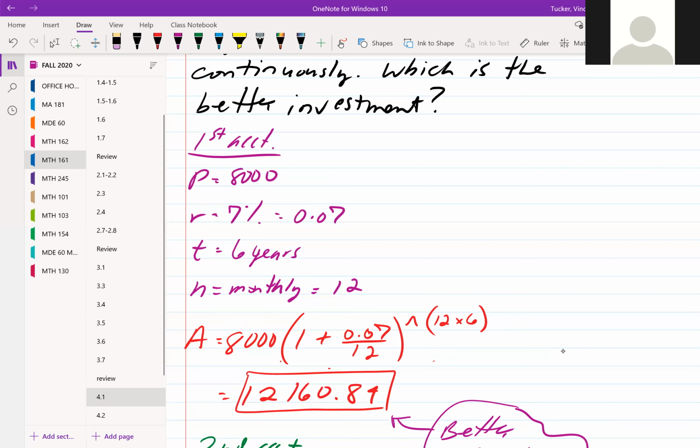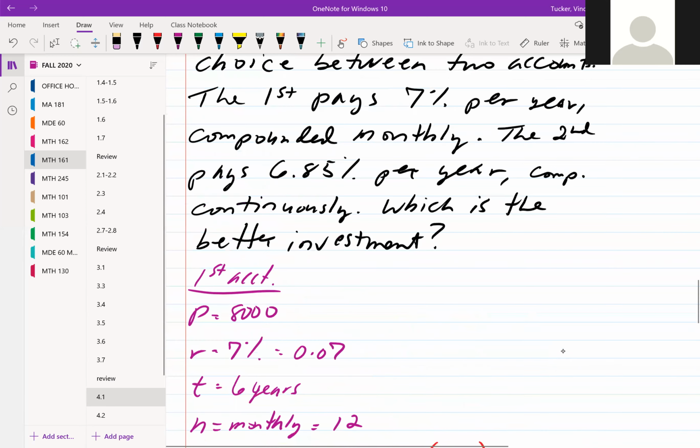I was not able to write the whole problem from the top. Thank you.